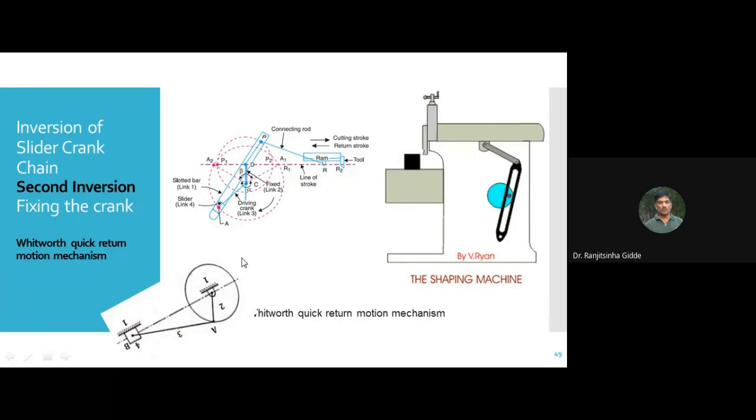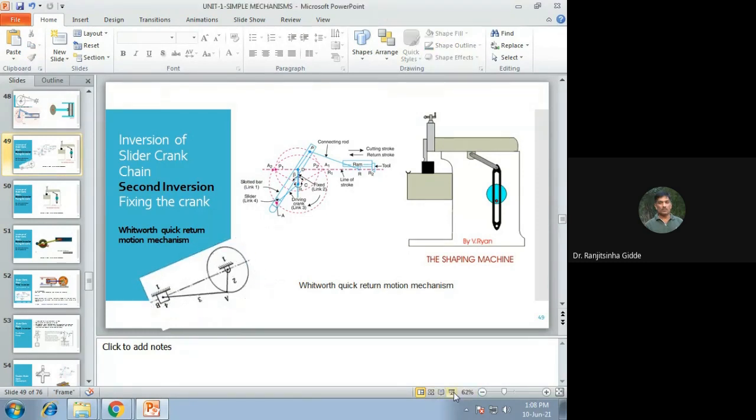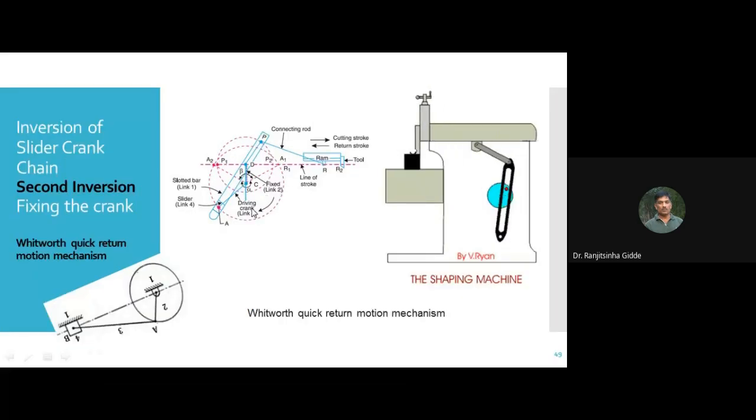Now, as shown in this figure, just 1 minute. Okay. This is the previous inversion, that is the first inversion. I have tilted that diagram.